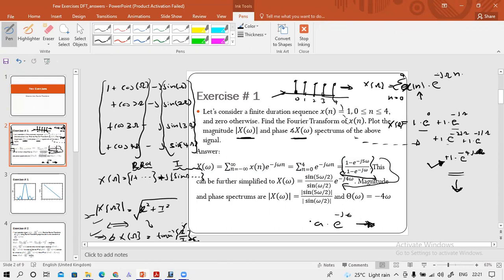The magnitude of this total complex number is a, and the phase is theta. So here also they have found the magnitude, this is the magnitude, and this is the phase. So they have found the magnitude and phase.